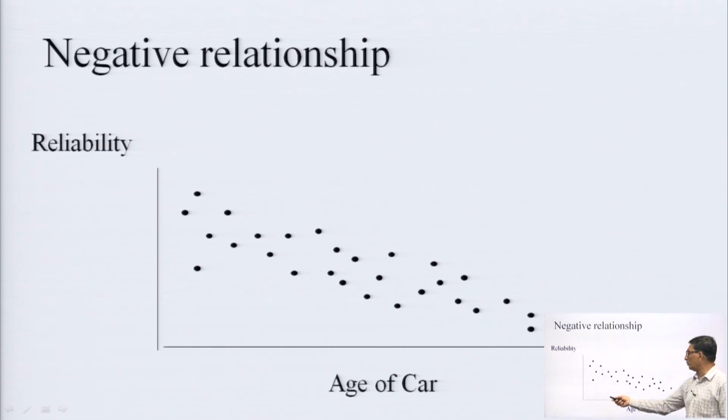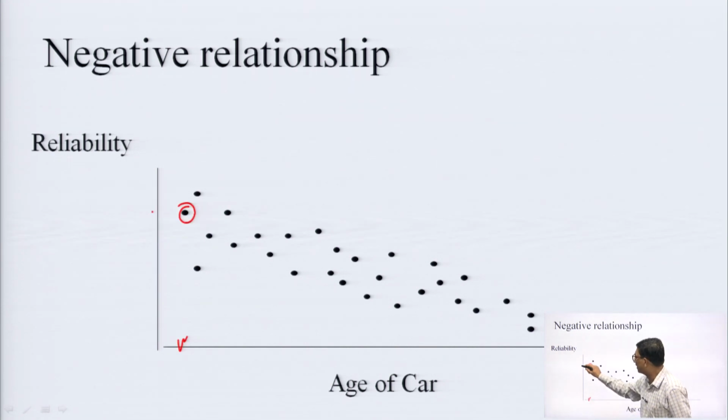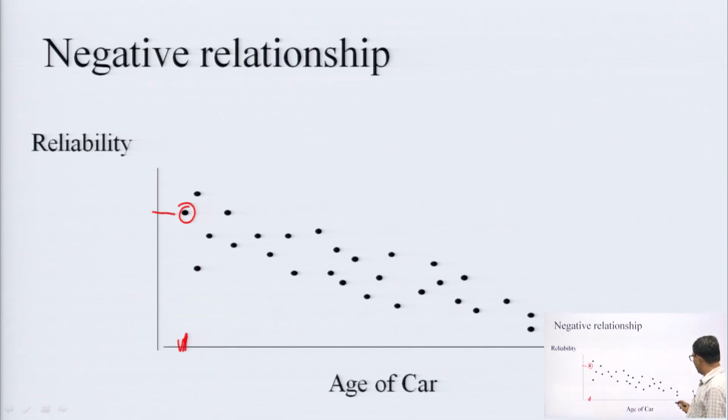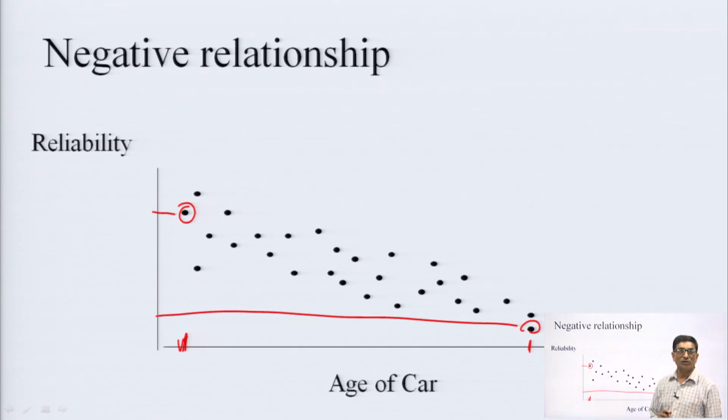As the age of the car increases, the reliability decreases, because when the car is newer, the reliability is high, and when the age of the car is greater, the reliability is lower. So, in this case, when one variable increases, the second variable decreases.